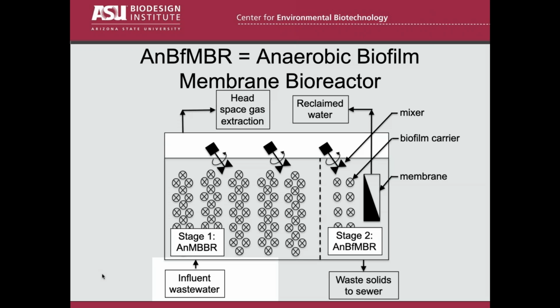But what's key in here is you've got these biofilm carriers. They're shown by the little circles with an X. And the goal of them, of course, is to retain biomass as the biofilm. And this creates several major advantages over and above the normal advantages of the anaerobic MBR.